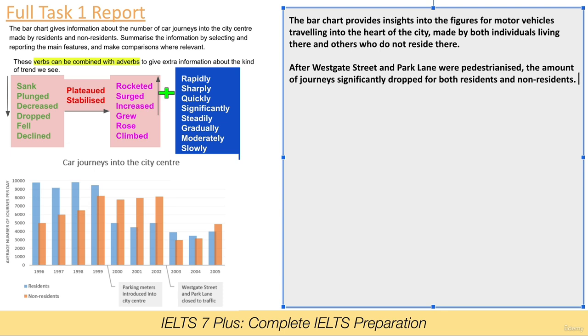Okay, after Westgate Street and Park Lane were pedestrianised, the amount of journeys significantly dropped for both residents and non-residents. There we go. So we've given our overview there, our sweeping statement. Brilliant. Okay. So now we can dive into the first group, which was all about residents.